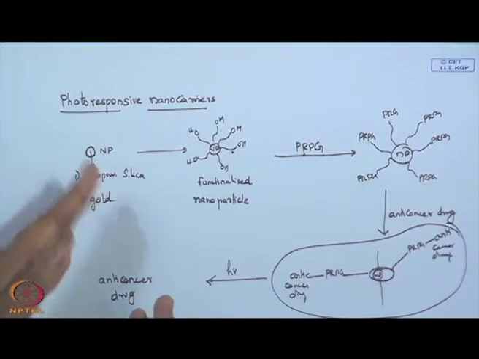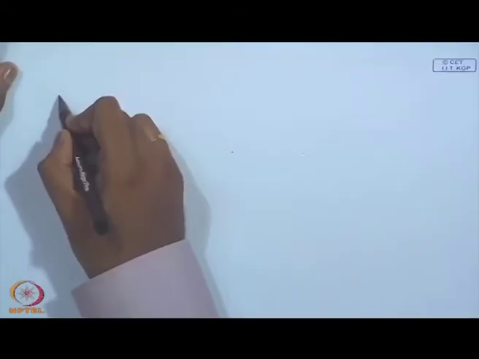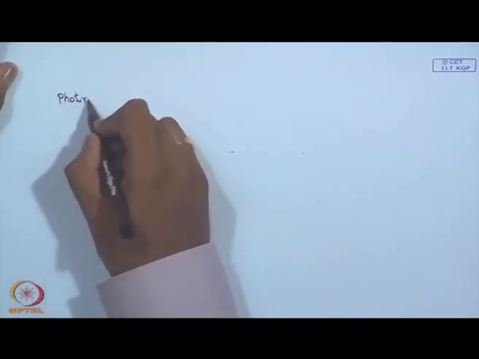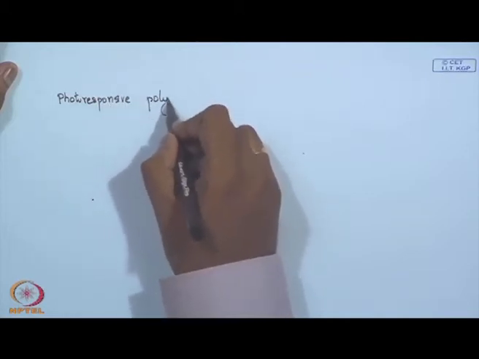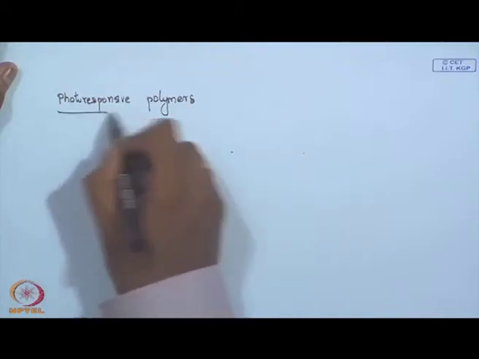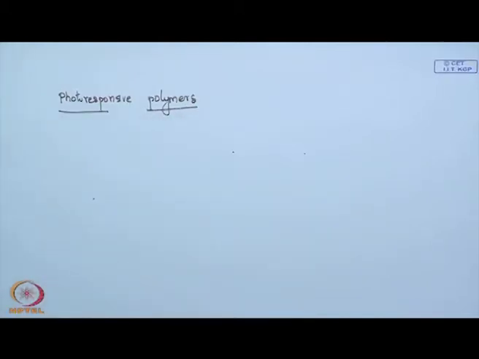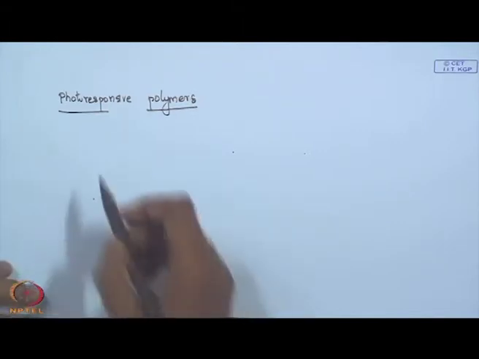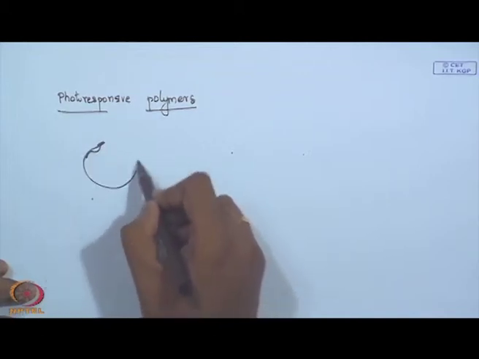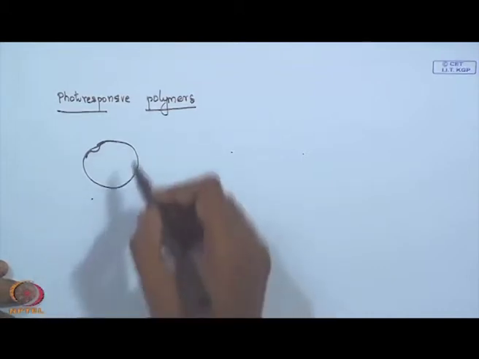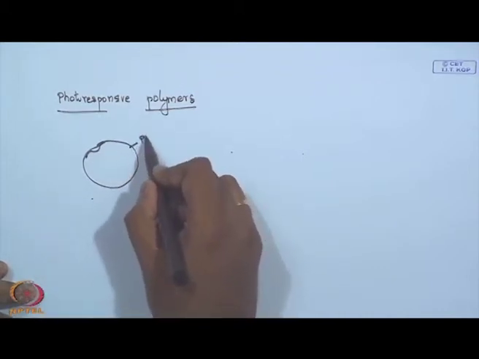Not only nanoparticles, people have even used photoresponsive polymers. This is for photoresponsive nanocarriers; people have even made photoresponsive polymers. Instead of a nanoparticle, you will have a polymer. Basically they make a polymer, and this polymer will have a photoremovable group built in.